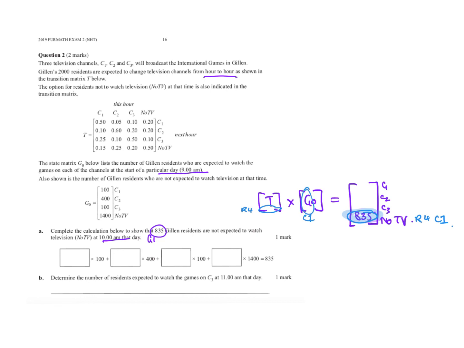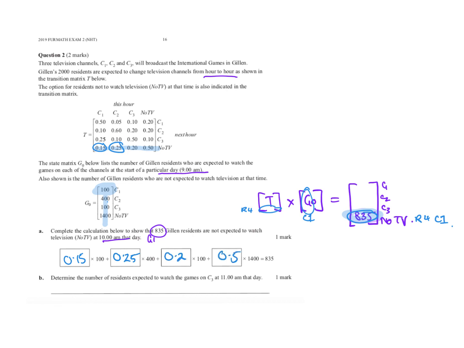So you can see this row would have been multiplied down with that. So 100 would have been multiplied with 0.15 from there. Then 400 would have been multiplied by the 0.25 and 0.2 and 0.50 and so on.